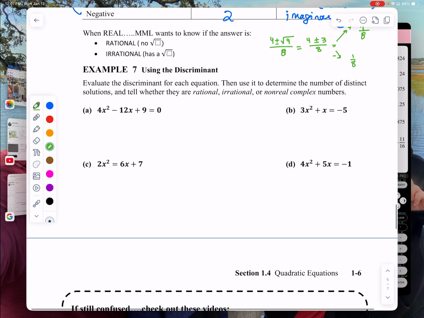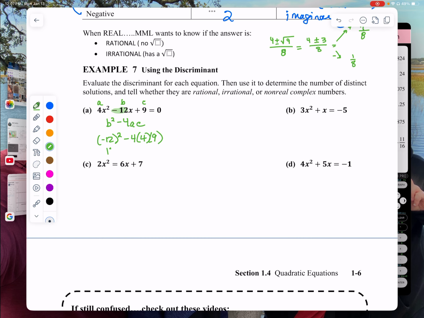So I'll work one more. Letter A. I know that this is my a, this is my b, this is my c, and I need to find b squared minus 4ac. Notice that my b is negative, it's -12, so you have to be careful with that. -12 squared minus 4ac.